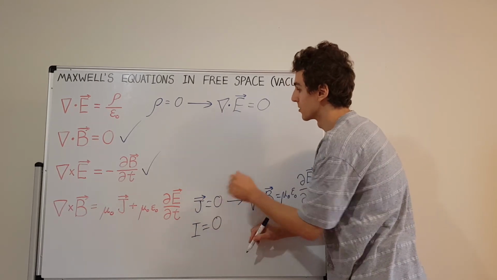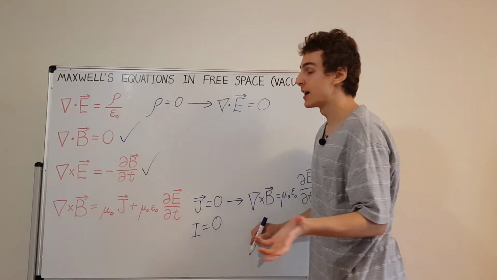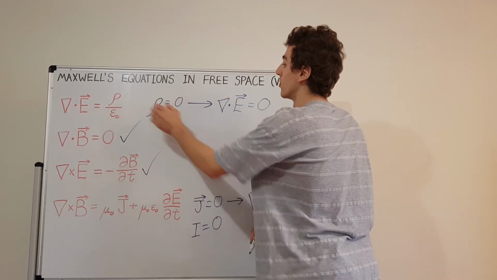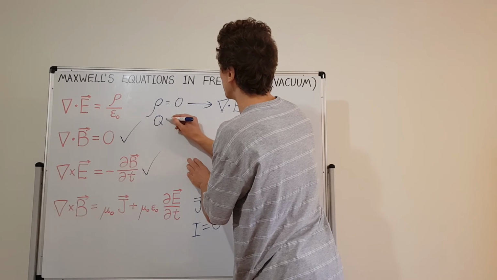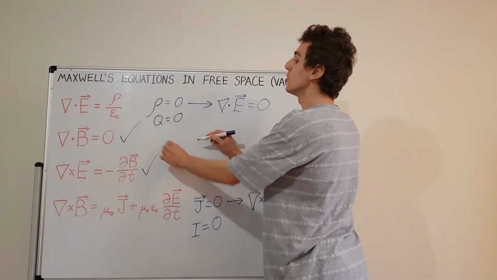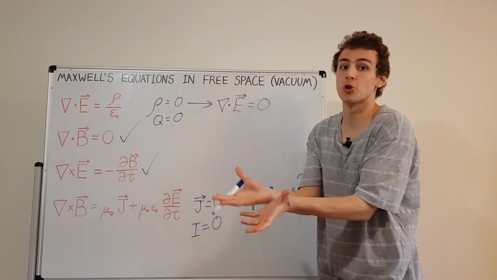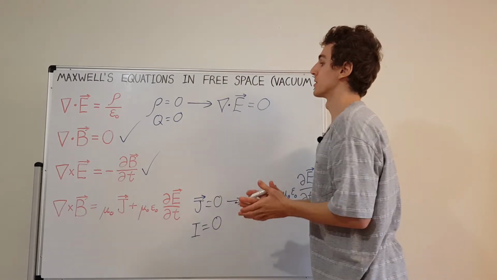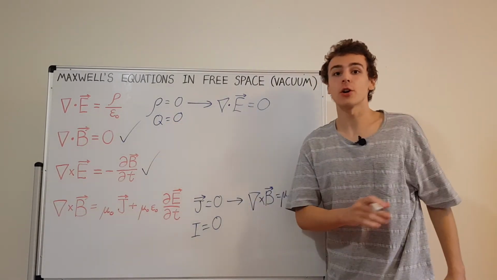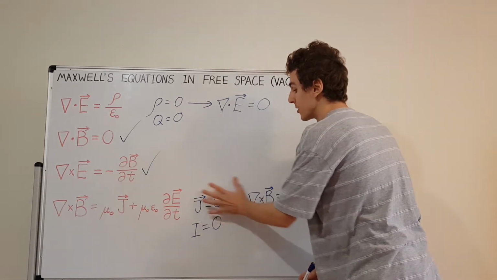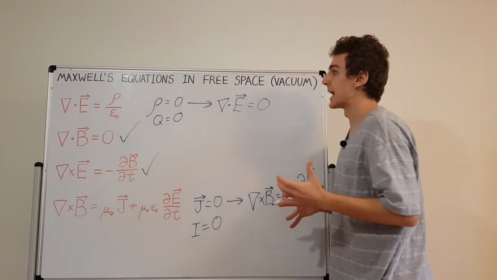The current is the surface integral of this guy. And the charge is the volume integral of this guy. So this is actually equivalent to saying, well, Q is equal to 0, where Q is an enclosed charge, right? So the total charge that is there. So Q, the charge, is always going to be 0, and if there's no charge, there's no flowing charge, so this condition is satisfied.